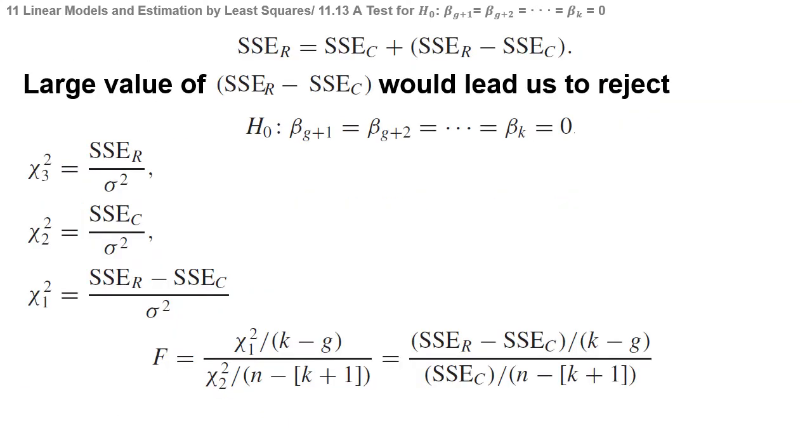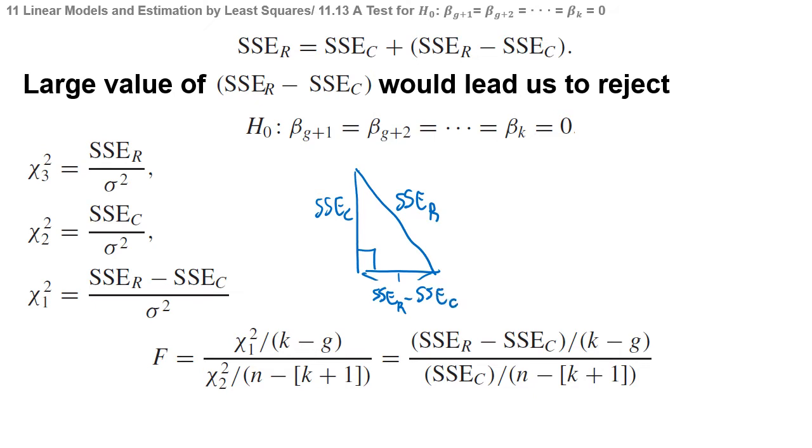From previously, we derived that SSER, the reduced sum of square error, can be divided as SSEC plus SSER minus SSEC.